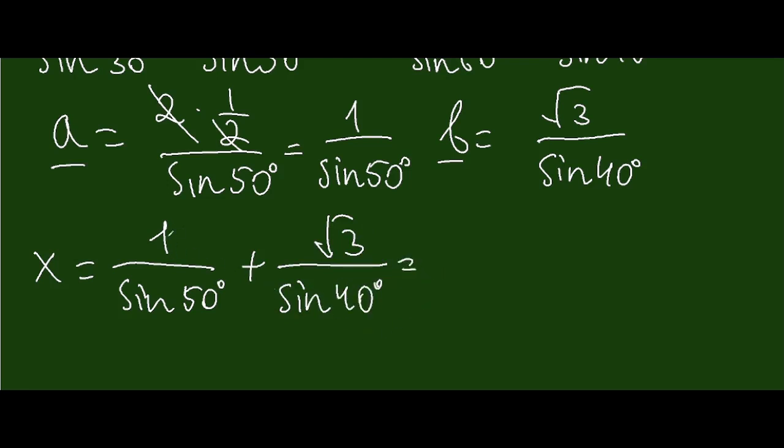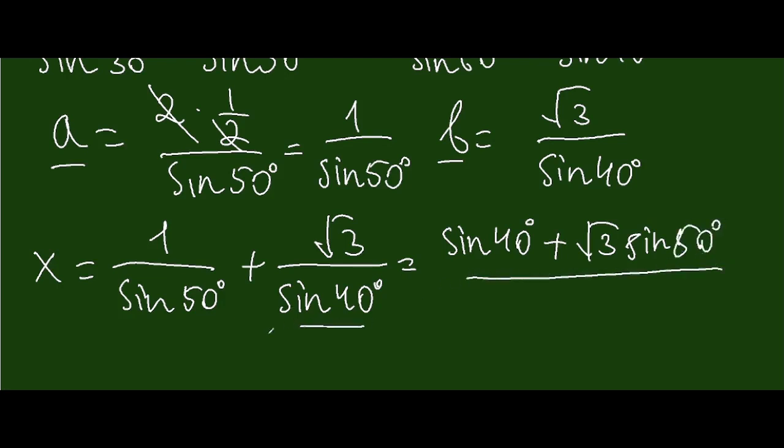And if we multiply the first fraction by sine 40 degrees and the second by sine 50 degrees, we'll get this fraction: sine 40 degrees plus square root of 3 sine 50 degrees over, we'll multiply, so we'll get sine 50 degrees sine 40 degrees.